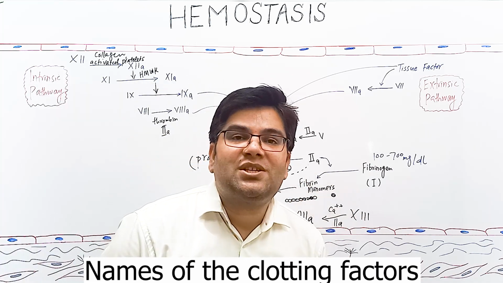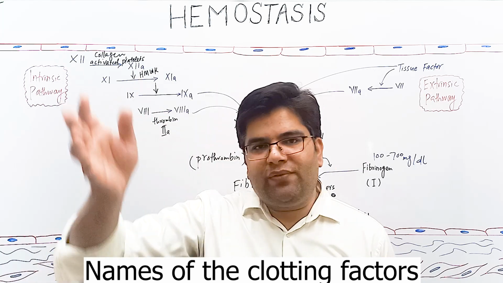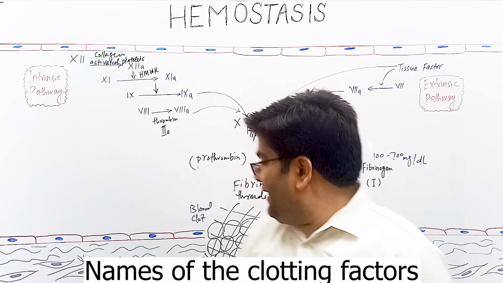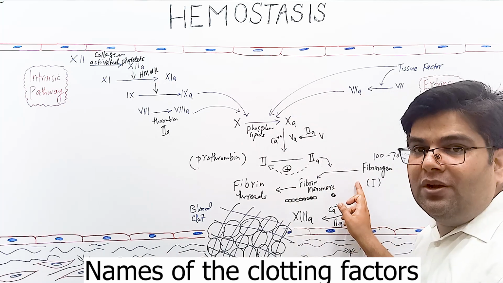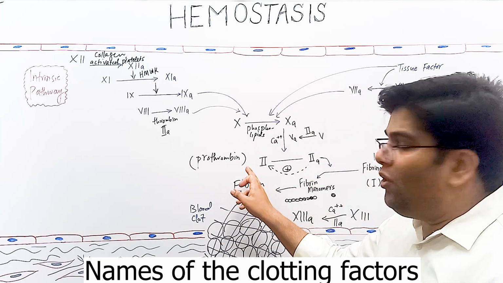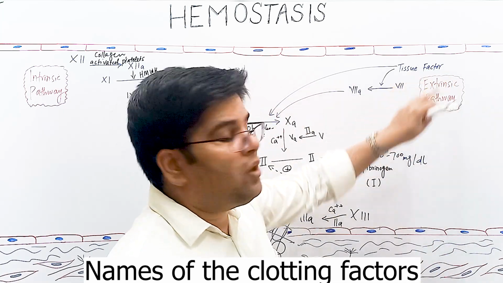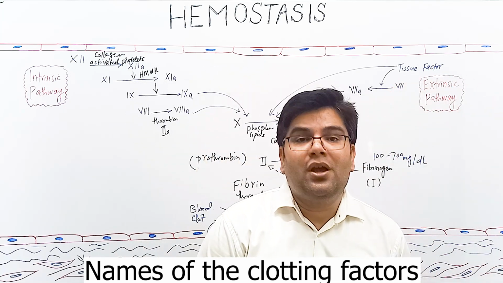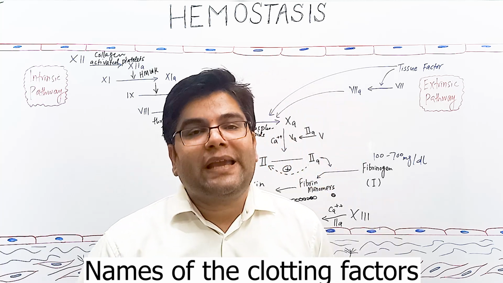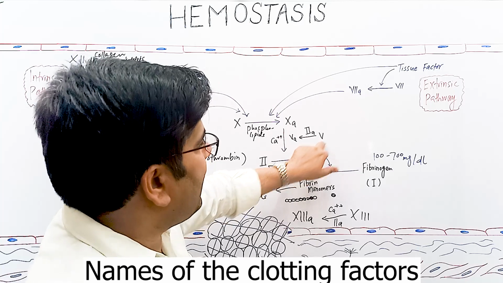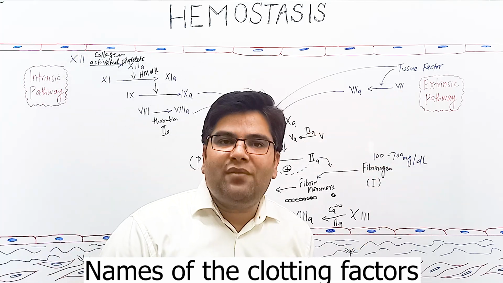Sometimes you may be asked this question: list the clotting factors and write down their synonyms. Clotting factor number 1 is fibrinogen. Clotting factor number 2 is prothrombin. Clotting factor number 3 is tissue factor, which is also called tissue thromboplastin. Clotting factor number 4 is calcium. Clotting factor 5 is labile factor, and clotting factor 7 is stable factor.